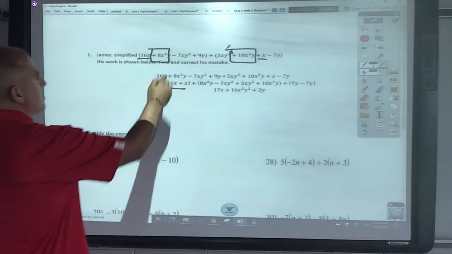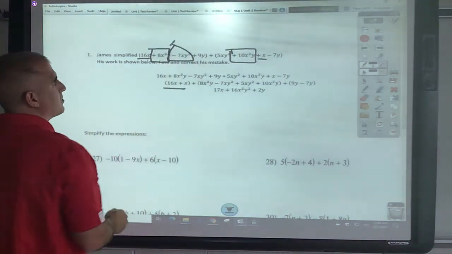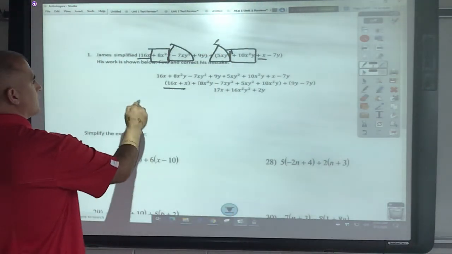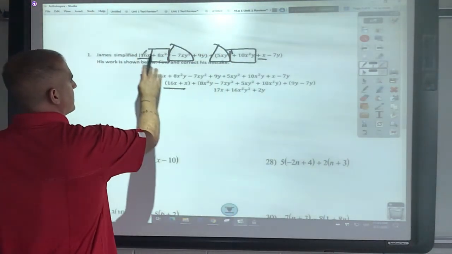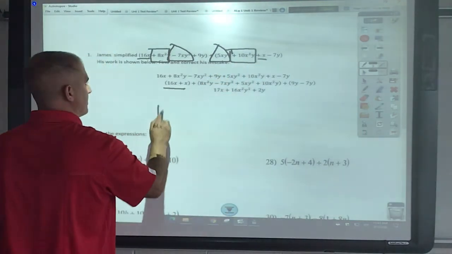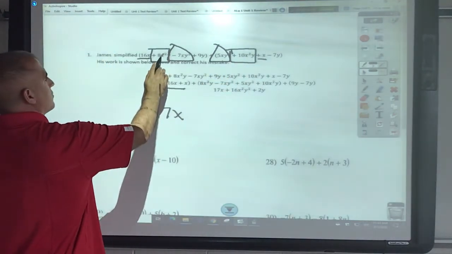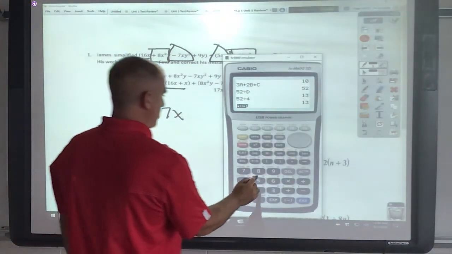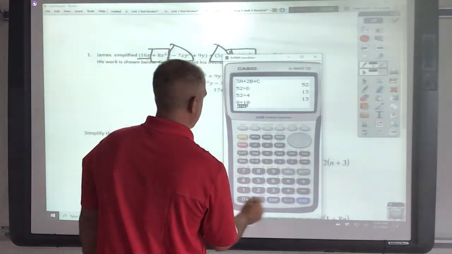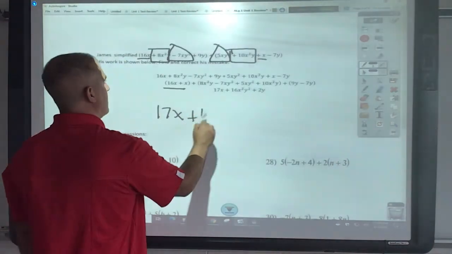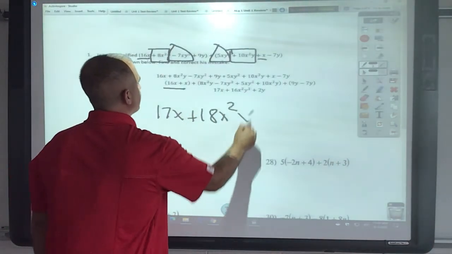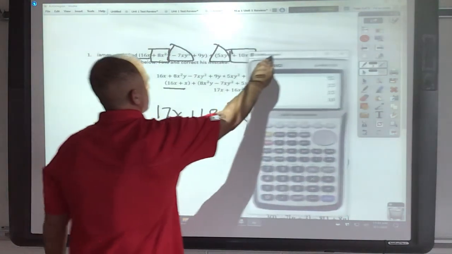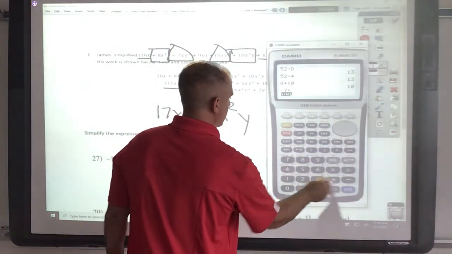And then this -7xy squared should be with this 5y squared. So what I would have would be 16 plus 1, which would be 17x. This would be this with this, so that's 8 plus 10, so that should have been 18x squared y.